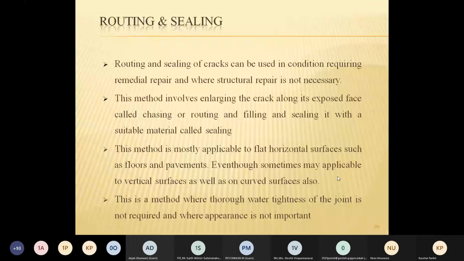This is more advisable for flat horizontal surfaces such as floors and pavements, even though at certain times it is applicable for vertical surfaces as well as curved surfaces. Routing and sealing can be done where thorough water tightness of the joint is not required or where appearance is not important.